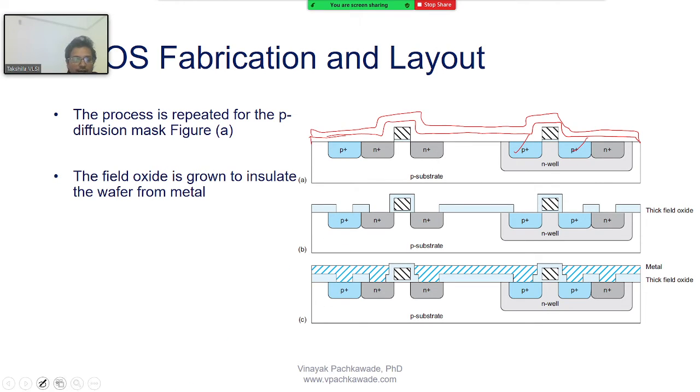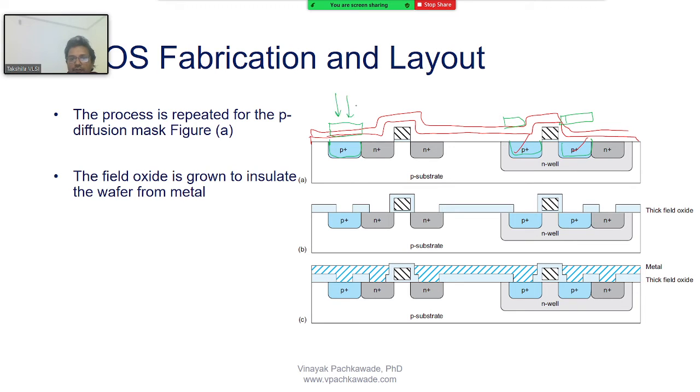So I know that, okay, these are the areas where I want the P plus diffusions, P plus diffusions, P plus diffusions, right? Then I put the mask in these areas, in these areas, and in these areas, right over here.